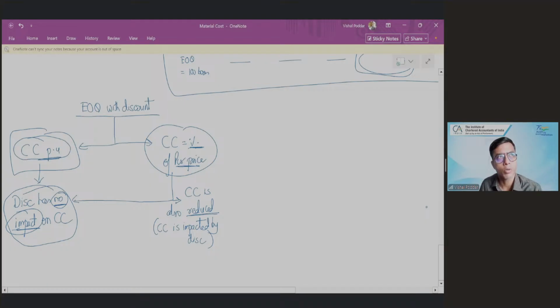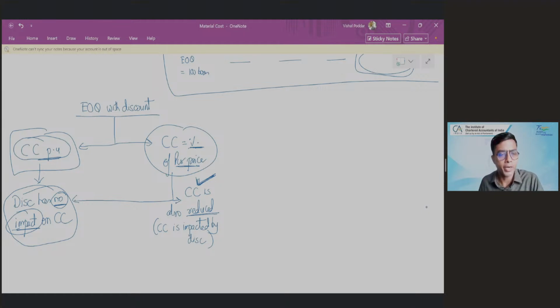Many times the question will specify whether carrying cost is impacted or not. But if the question has not mentioned anything, you should prefer the option that carrying cost is also to be reduced. Fine, students. I hope you have understood this conceptual part.